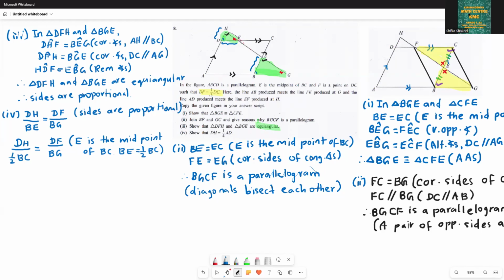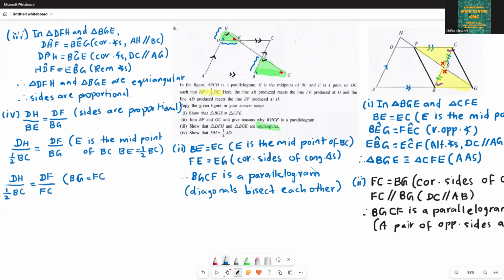Okay, children, we will change that part one by one. That is again DH, we will copy paste DH. Now we have half BC is equal to, instead of DF we will write DF as it is, over, instead of BG we can write FC, because BG is equal to FC.